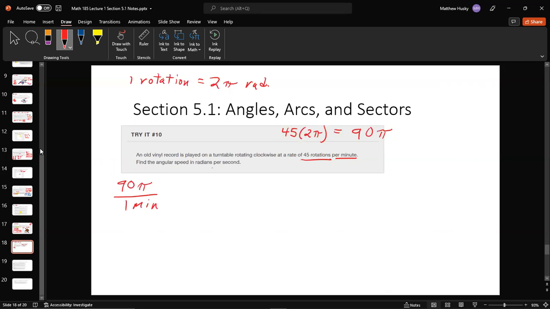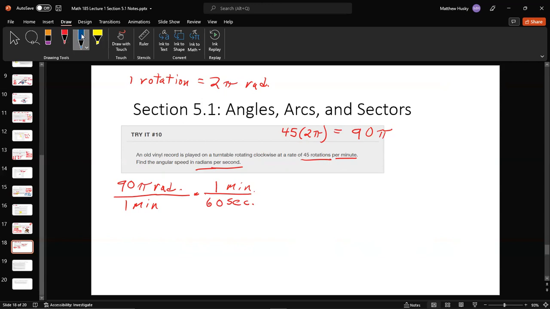Now our goal is to have it be, this is 90 pi radians, and we've got it in terms of minutes. We want to have it in terms of seconds. So the way you would do that, if this is minutes down here, we need minutes up here. And then minutes is going to convert to seconds. So we happen to know that 60 seconds is equivalent to 1 minute.